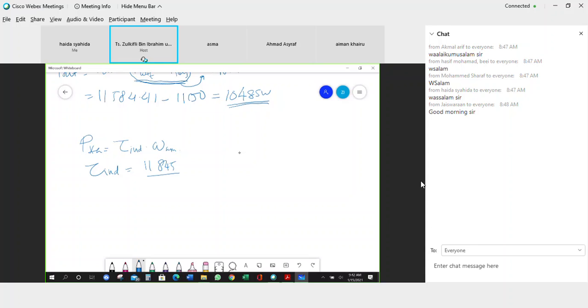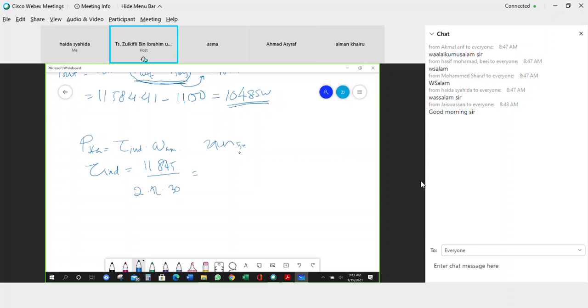So the synchronous velocity tadi berapa kita dapat? About 30 kan? So 30 darab dengan 2 pi n. So 2 pi n kita adalah 3. So n synchronous.